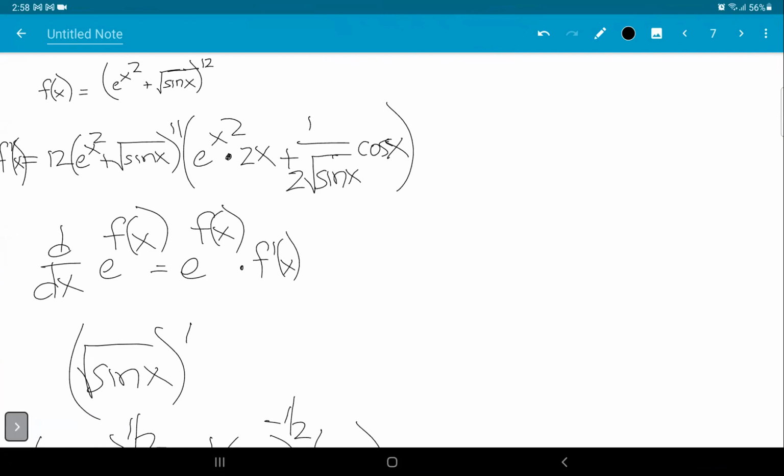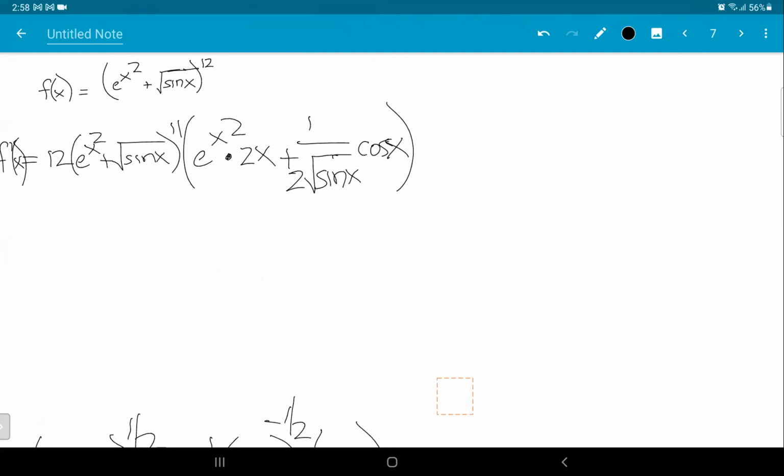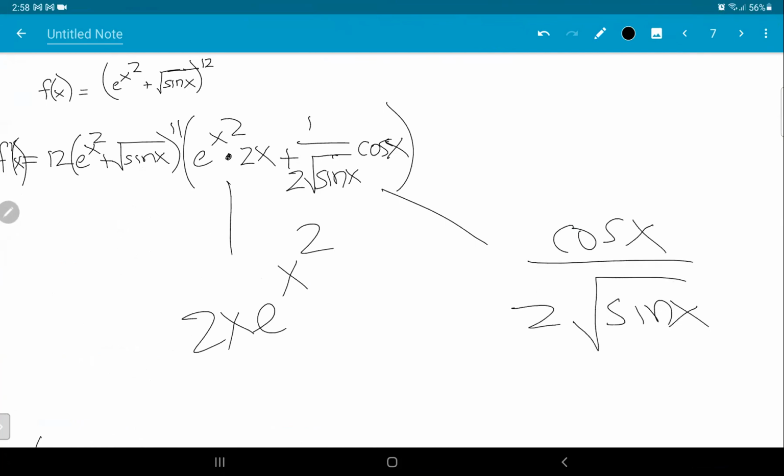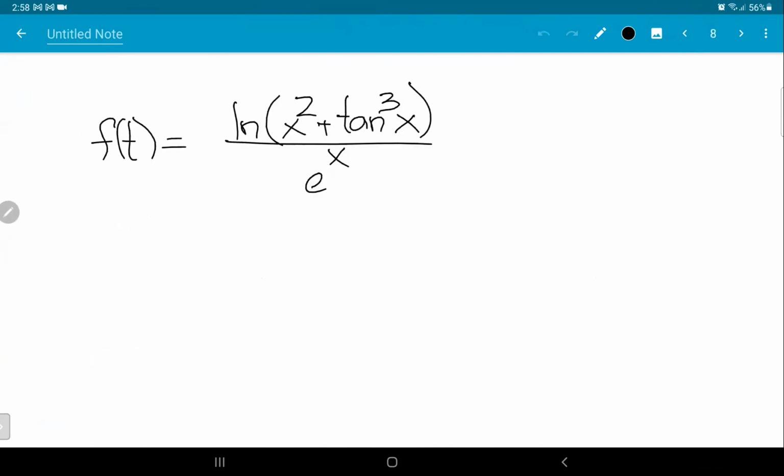And you're done. So you can write this one as, if you want, 2x e to the x squared, and this one here as cosine x over 2 square root of sine x. Okay, I want you to try this out for like 3 minutes, then I'll discuss.